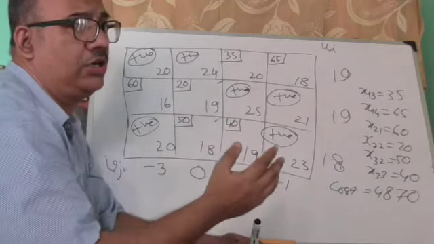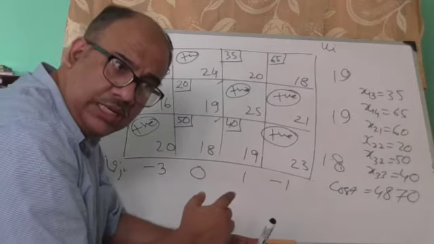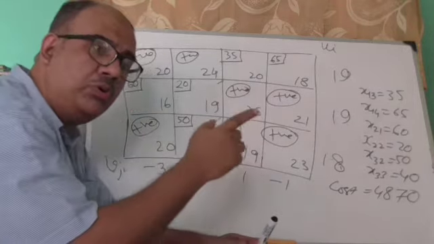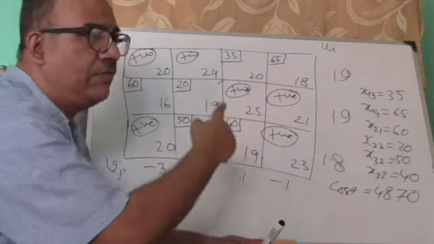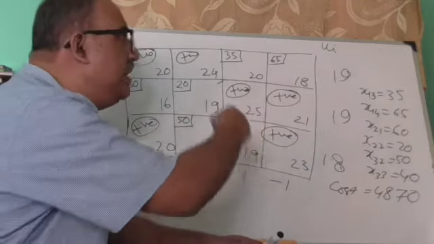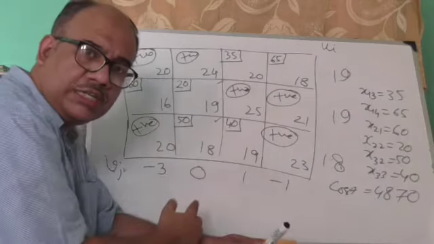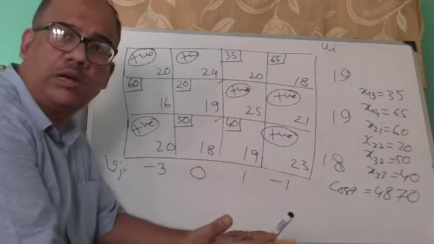If they are not, then you have to start from the most negative cell and form a loop through the existing allocated cells and change the allocations. With the new solution, again you have to check the optimality test, and if the optimality condition is satisfied, then the problem is completed.